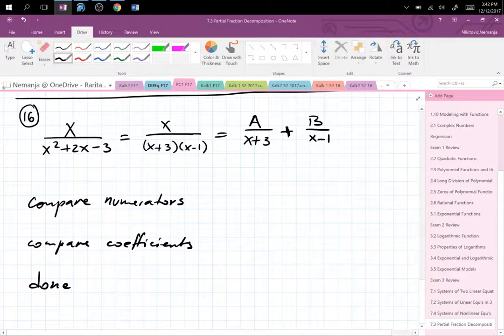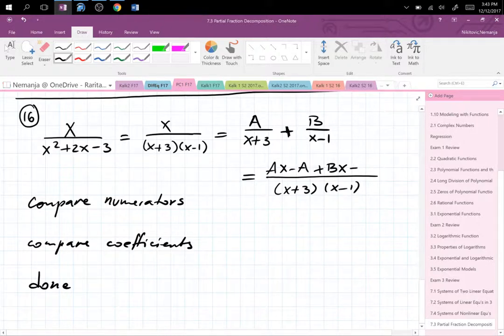So the first order of business is to add these guys. So we are going to have x plus 3, x minus 1, and then ax minus a plus bx plus 3b. So now compare the numerators. I'm going to say that that's going to be ax plus bx minus a plus 3b, if I put them in order, equal to x.